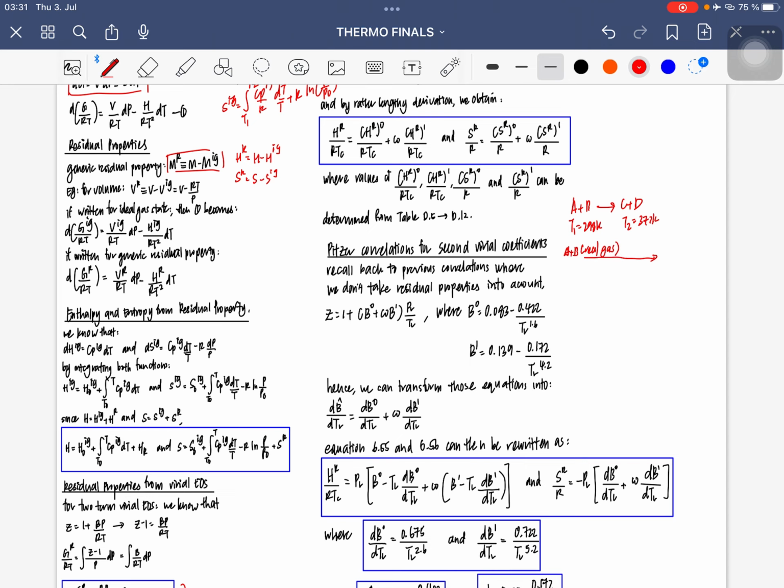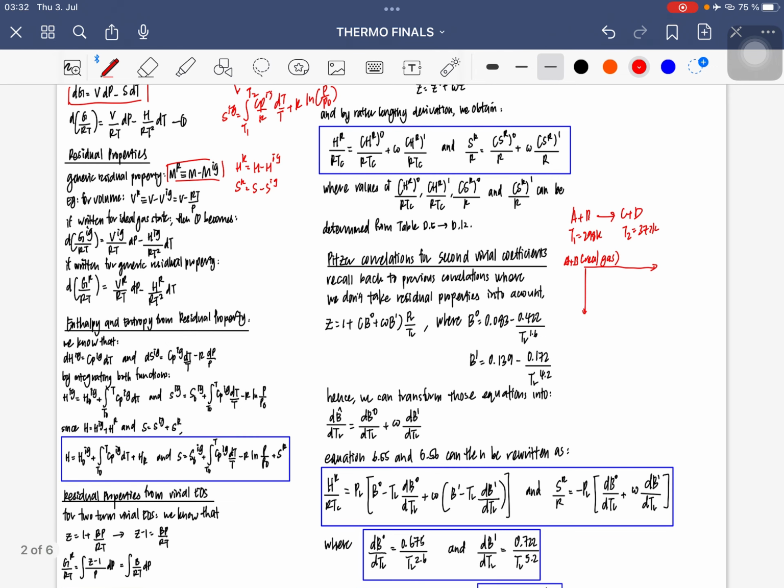But I'm just going to talk in general. When the question doesn't specify whether your system starts from real or ideal, we're just going to assume it starts from real gas. So what we do is we want to change it to ideal gas. So A plus B ideal, we have the same T1, because we're not changing temperature yet. In simpler terms, we are going to make the real gas into ideal gas, but we are not changing any temperature yet.